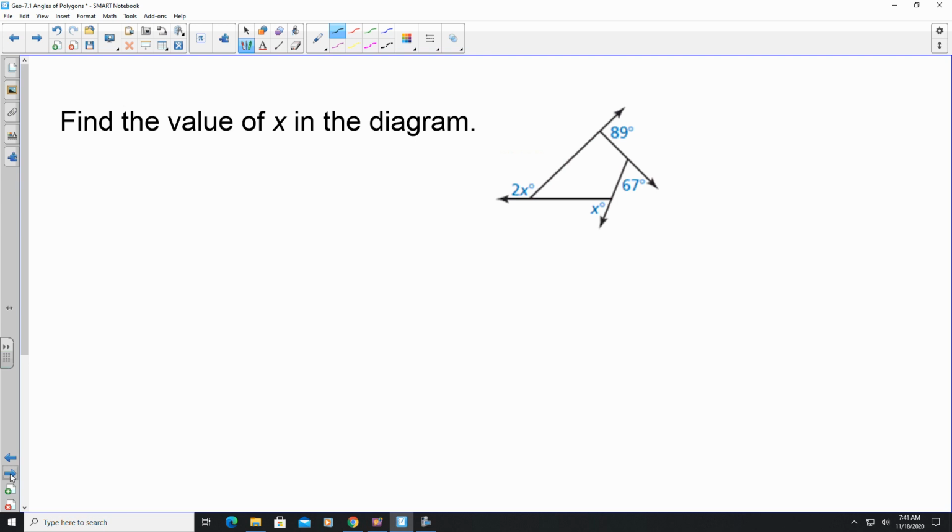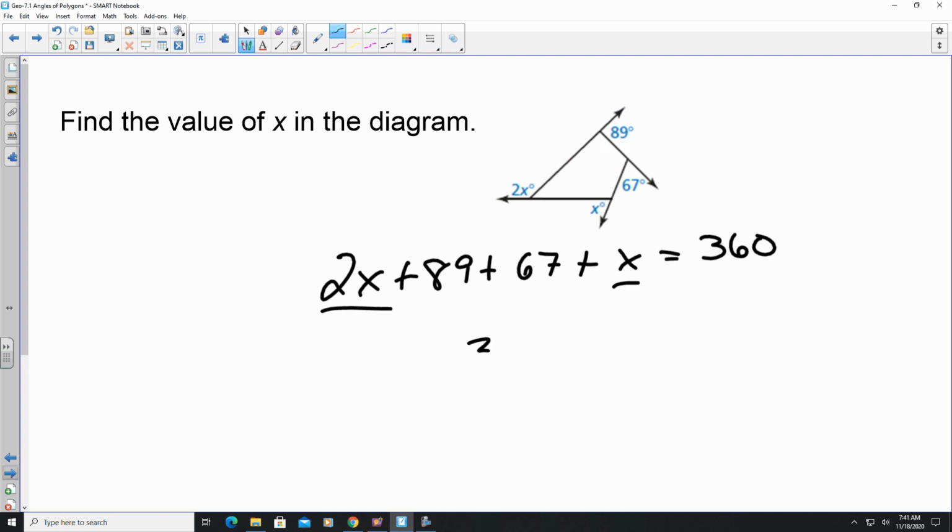So here they're asking us to find the value of x in the diagram. I have all exterior angles here. So this is going to be 2x plus 89 plus 67 plus x equal to 360 because they're all exterior angles. Combining like terms, 2x and x, I get 3x plus 89 plus 67, which is 156.